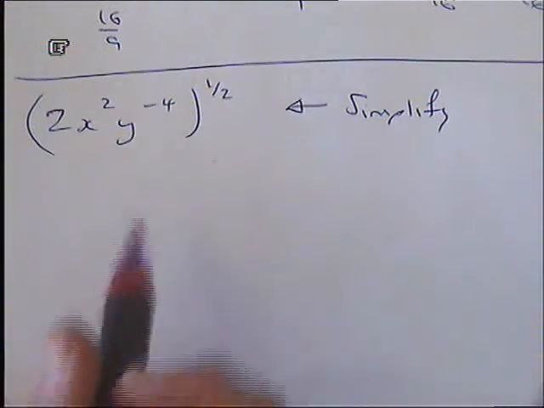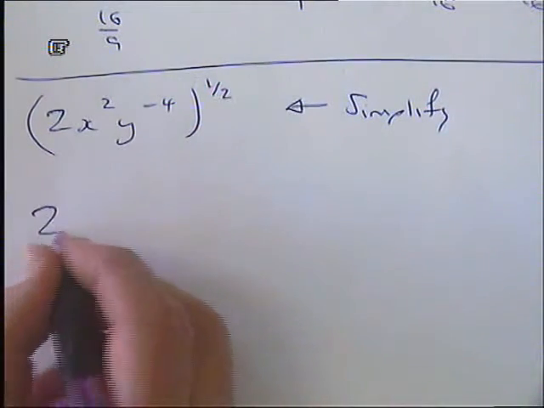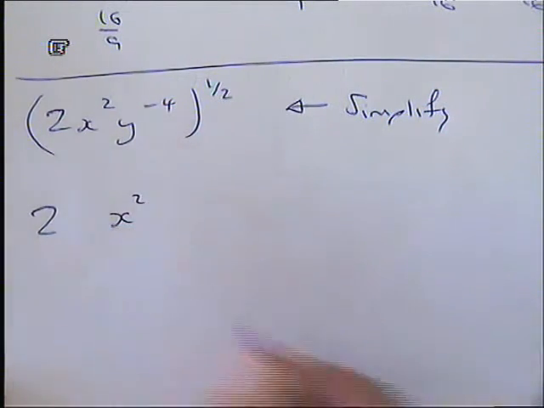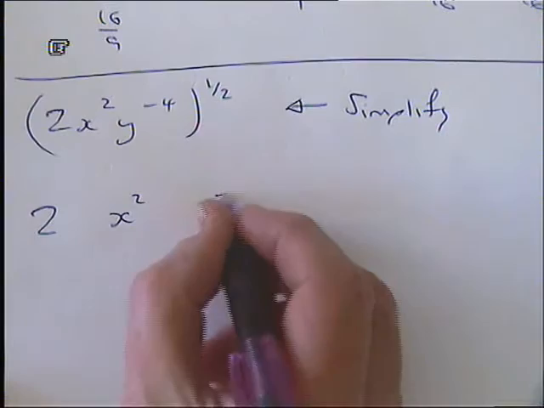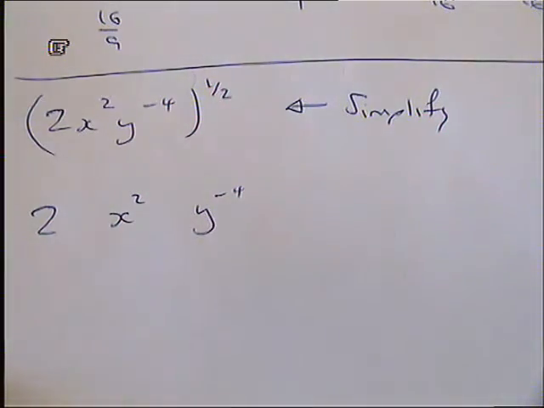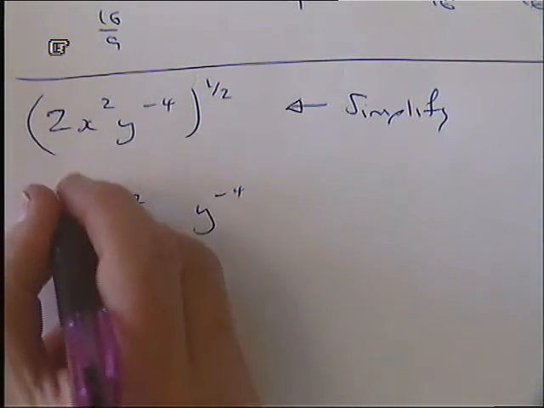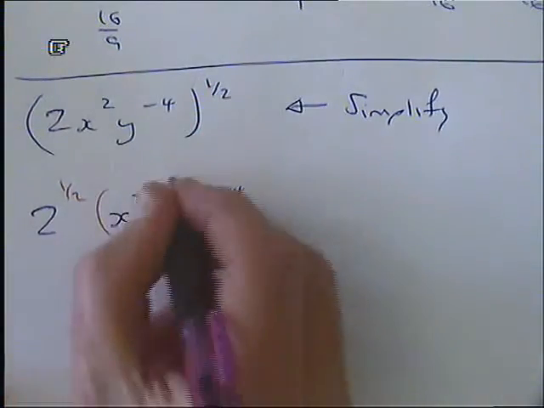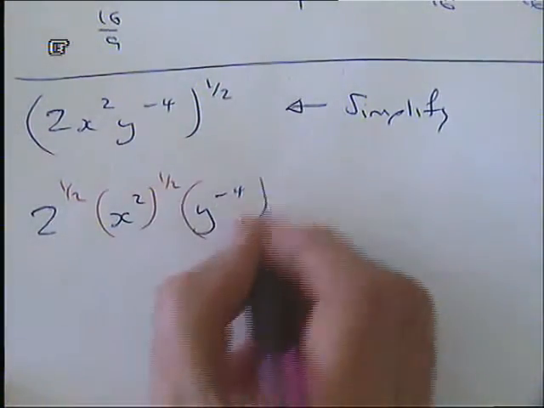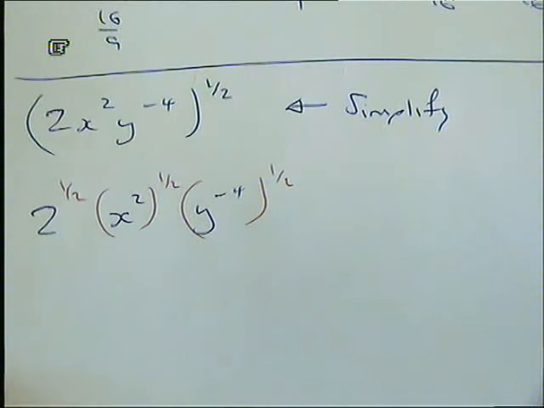And what I would do here is say that power of a half applies to the 2, it applies to the x squared, and it applies to the minus 4. So I'm going to stick that power of a half on the 2, I'm going to stick it on that bit, and I'm going to stick it on that bit. Break it up like that.